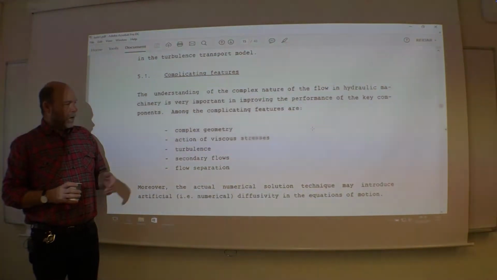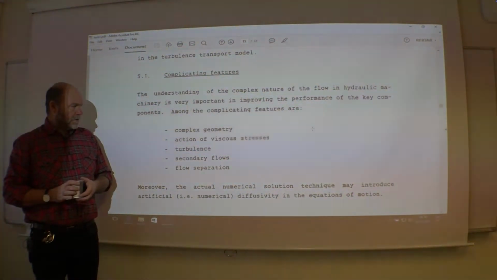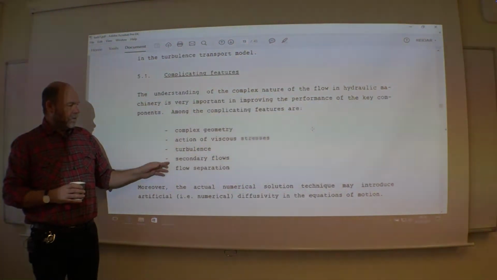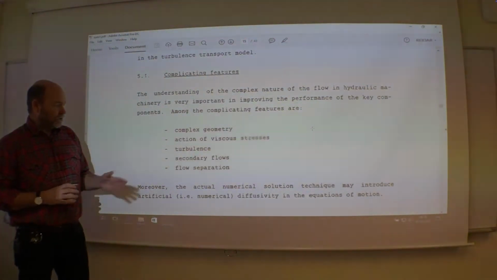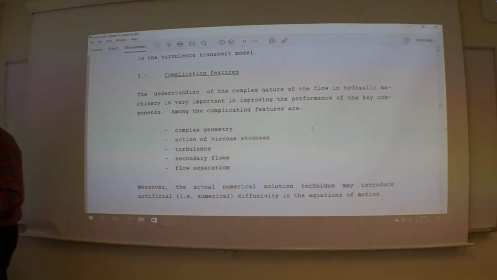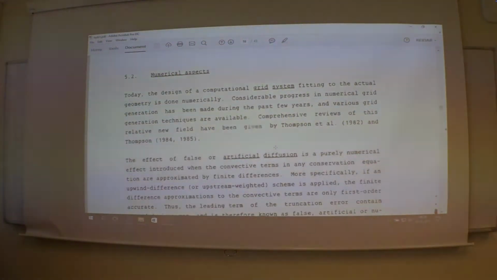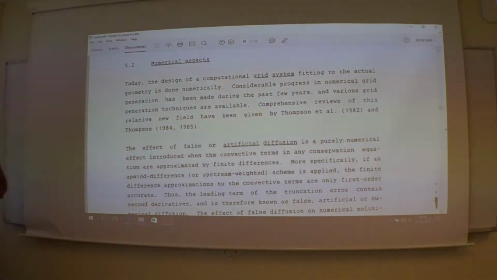You have moving parts inside pumps, turbines. Not easy to see what's going on here, and yes, you may have secondary structures. The flow may separate. You can even have cavitation. You can have a lot of problems inside these machineries, but we are here focusing on the turbulence modeling part, you might say.